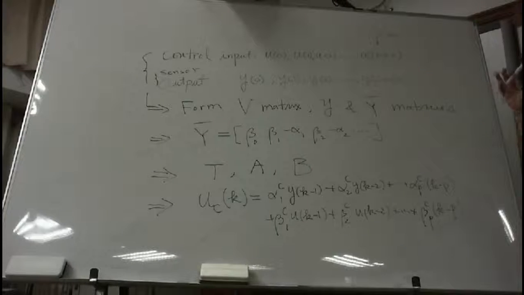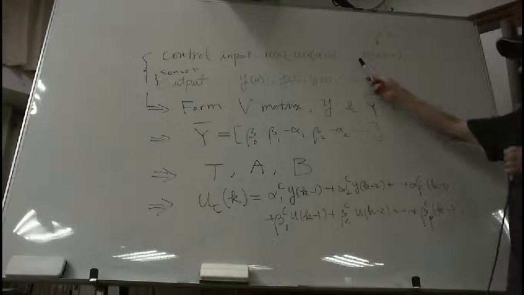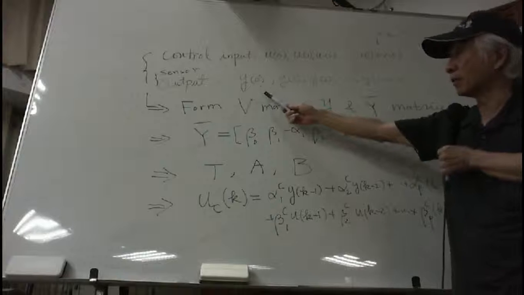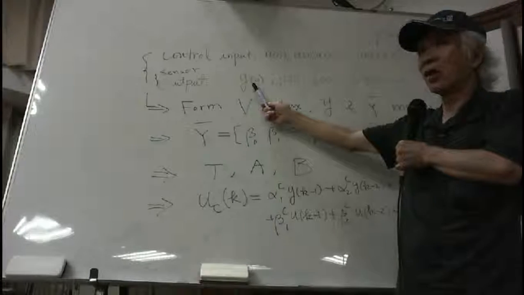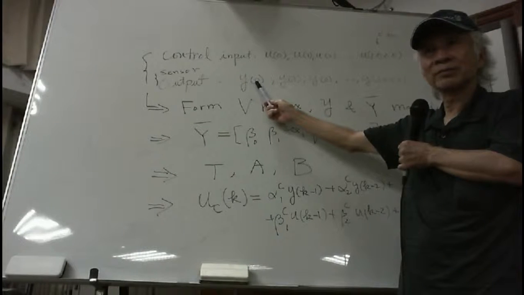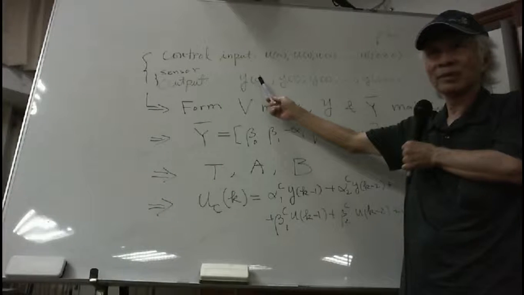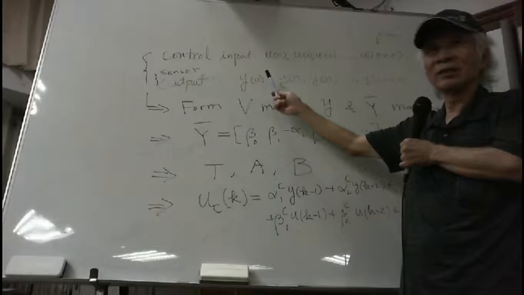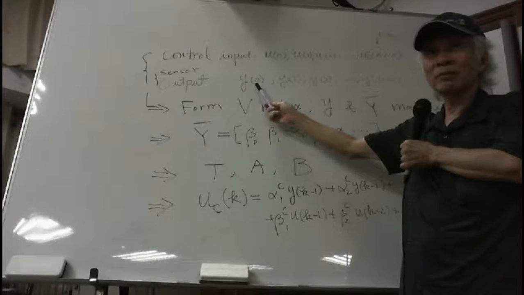So when you look at the 5-second data, I have input, I have output. And this output includes unknown disturbances, just like an earthquake, unknown disturbance coming to the system. And also your output responses.